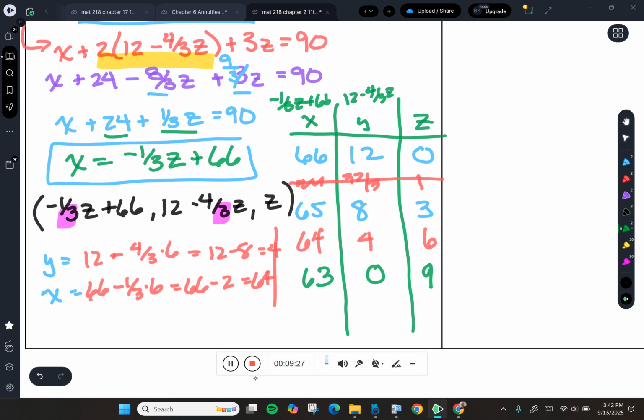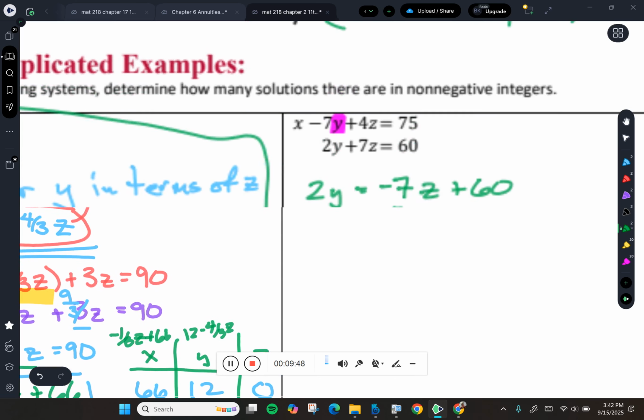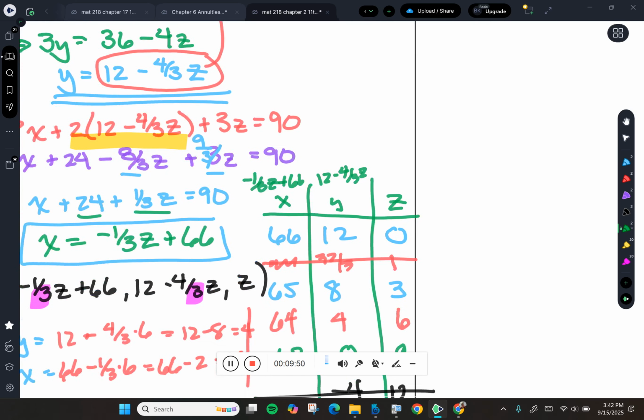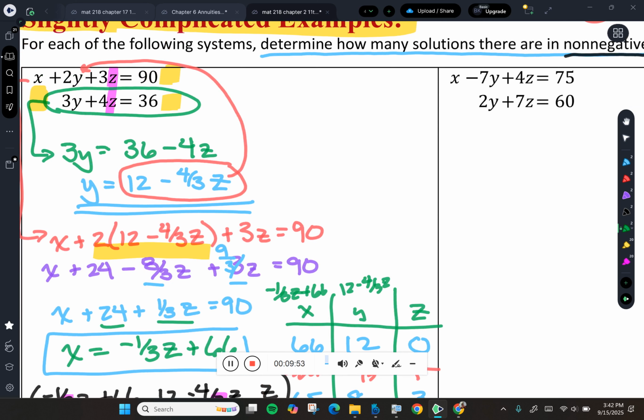And if we tried to make z go up by 3 again to 12, well then this would go negative, and that's not going to be a solution because we're supposed to find non-negative solutions. Now actually, the answer to the question is not these solutions themselves, because the question asks how many solutions there are in the non-negative integers. And so there are 4 solutions.